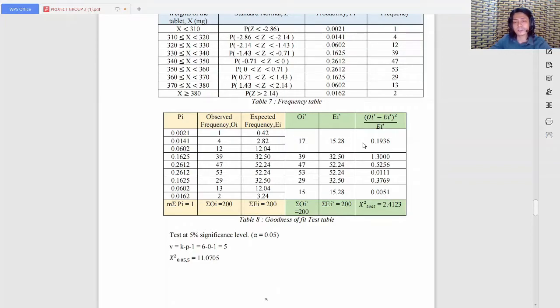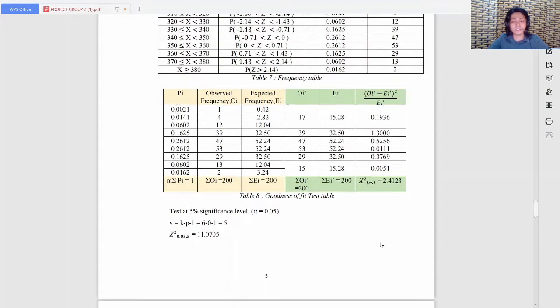After that, we can compute the value of the chi-square test from this formula, and the total is equal to 2.4123. Next, we choose 5% as the significance level, which is alpha equal to 0.05. From the chi-square distribution table, we obtain the critical value equal to 11.0705.